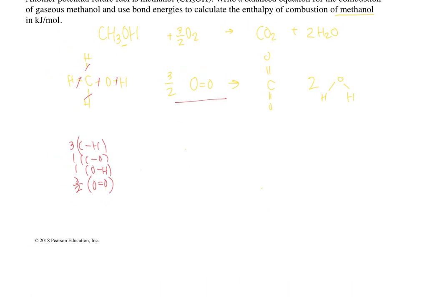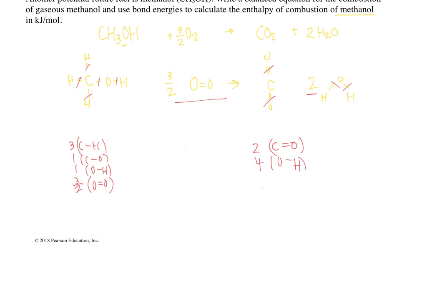For my products, I have 2 carbon-oxygen double bonds, and I have oxygen-hydrogen bonds in water, but I have 2 waters, so I'm going to have 4 oxygen-hydrogen bonds. Notice I have 1 here and 4 on the other side, so technically I only have 3 total.